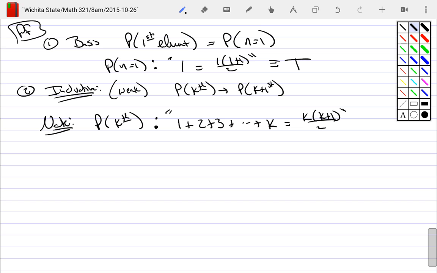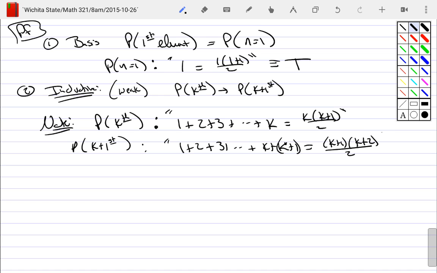What does P of k plus 1 look like? 1 plus 2 plus up to k plus k plus 1. And what is that supposed to be equal to? k plus 1 times k plus 1 plus 1. I'll just make that plus 2.